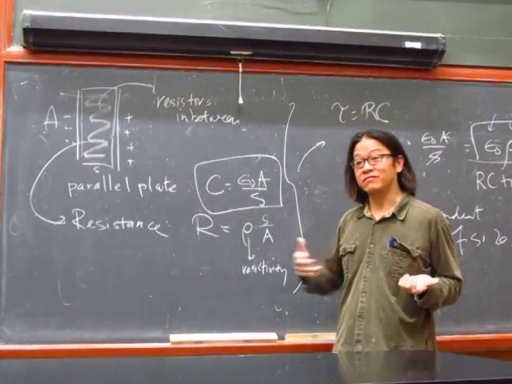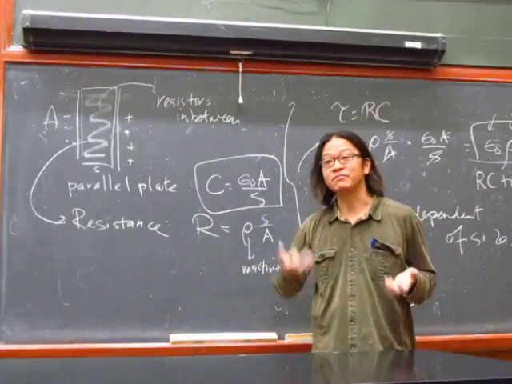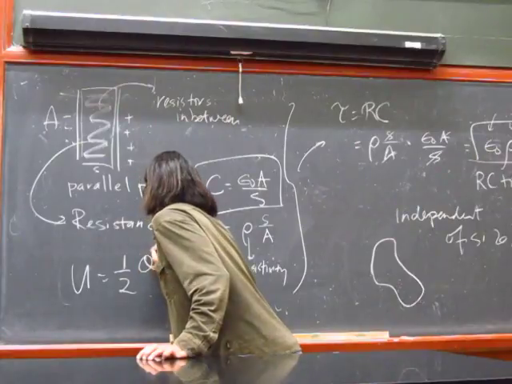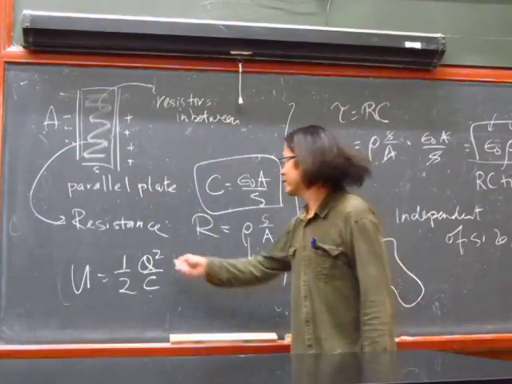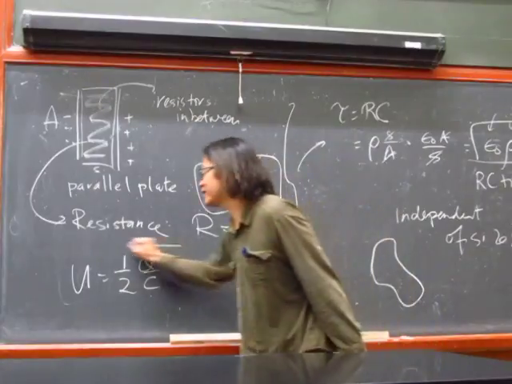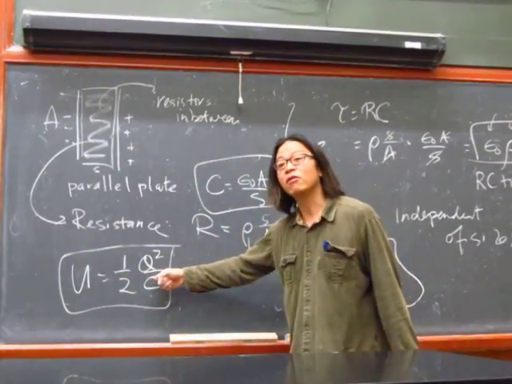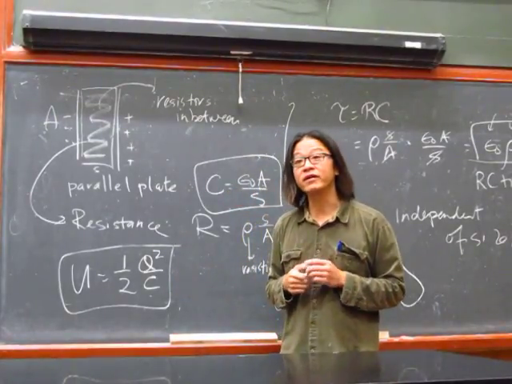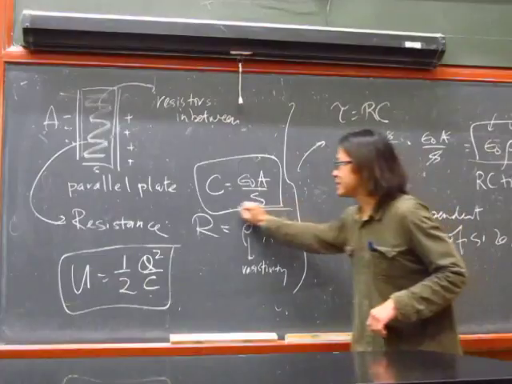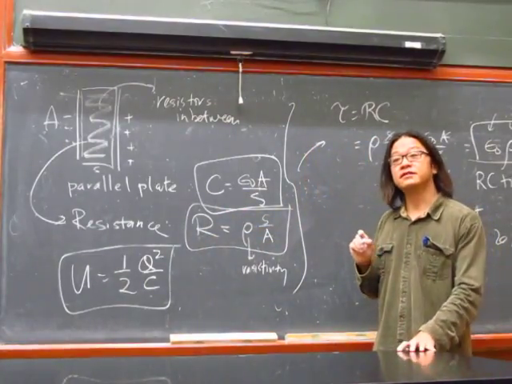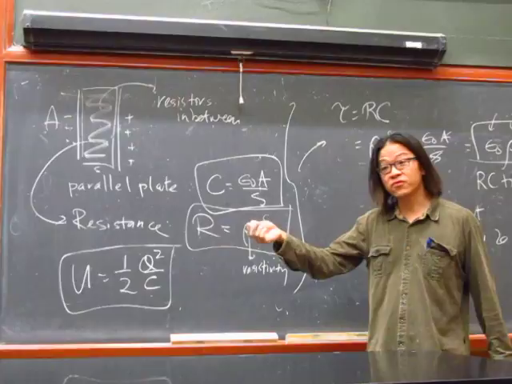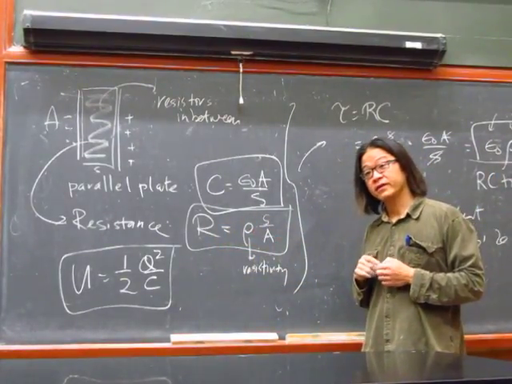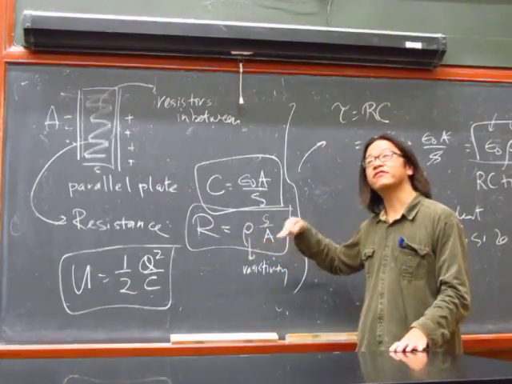Remember the discussion on the energy stored in a capacitor: U equals 1/2 Q squared over C. If I put charge Q on a capacitor, it has this much energy, and you can get it all back as kinetic energy, as in one of the homework problems. A resistor is something else. A resistor is a dissipative material. When current flows through, you get heat out, and it goes away. So a resistor is like friction.